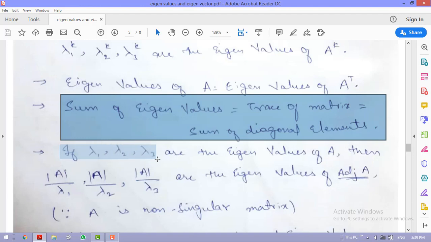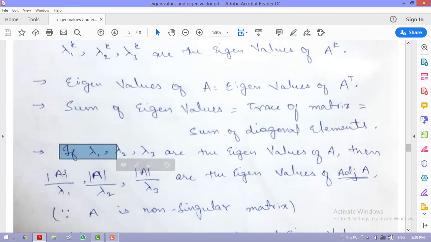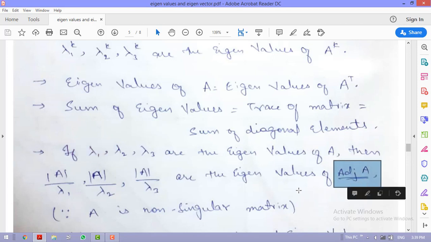If lambda 1, lambda 2 and lambda 3 are the eigenvalues of A, then determinant of A by lambda 1, determinant of A by lambda 2, determinant of A by lambda 3 are the eigenvalues of adjoint of A. So how do you find the adjoint of A?